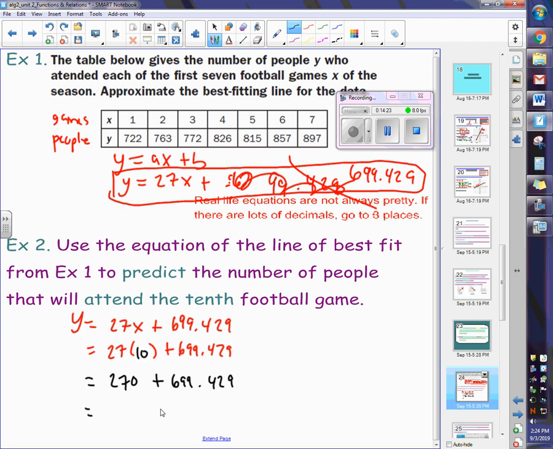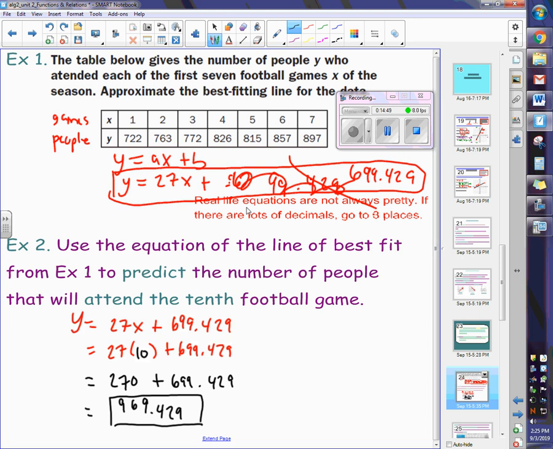And you would get, I know it's definitely a 0.429. That's not going to change. We have a 9. Then we're going to have a 6. Carry the 1 over. So 6 plus 2 plus 1 is 9. So 969 people are expected to attend game 10.